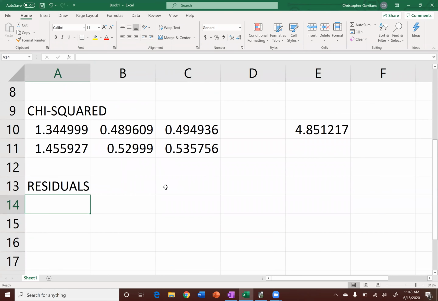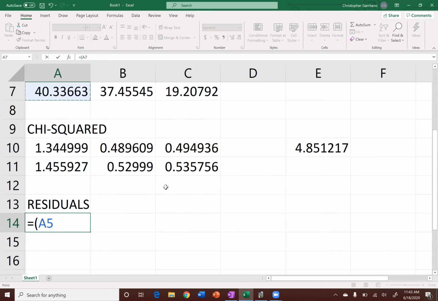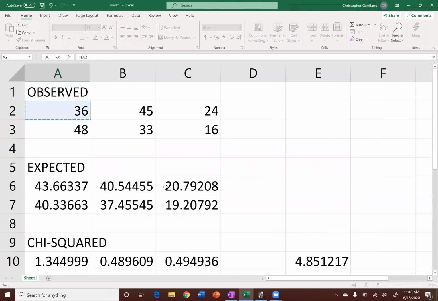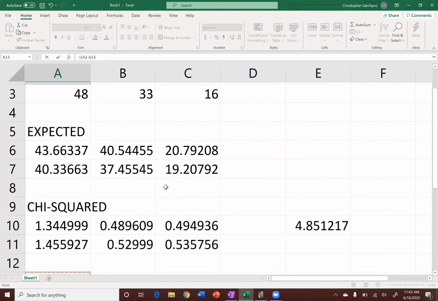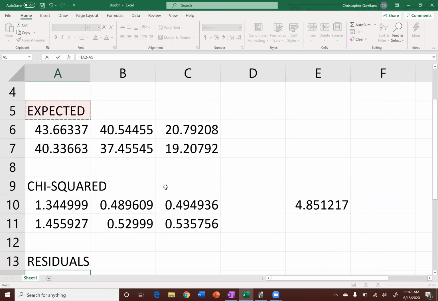Now the table of residuals simply takes the observed value from a particular cell, and it subtracts the expected value from the corresponding cell. It doesn't square it. So what this does is it allows us to see whether we underestimated or overestimated, based on just looking at the residuals.